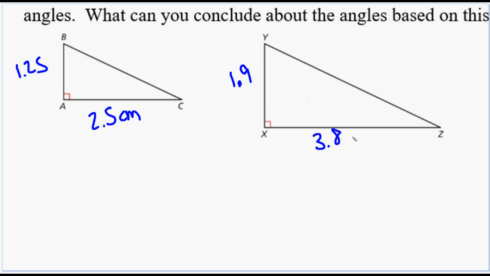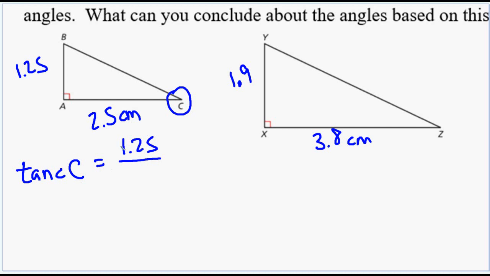XZ was about 3.8 centimeters. So here we were going to ask about angle C and Z. So here at C, the tan of angle C is opposite 1.25 over adjacent 2.5, and that reduces down to about half or 0.5.